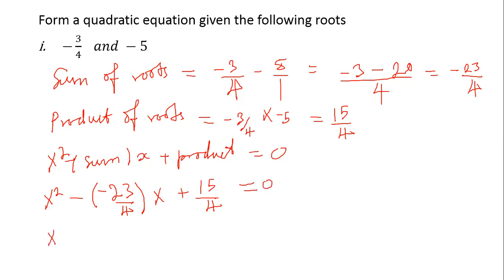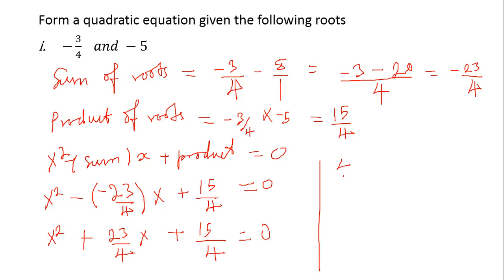So this will be x squared minus -23/4 x plus the product, which is 15/4, equal to 0. So negative times negative will give us positive, so we shall have x squared plus 23/4 x plus 15/4 equal to 0. We multiply by 4 on each term to eliminate the fractions. That will give us 4x squared plus 23x plus 15 equal to 0.